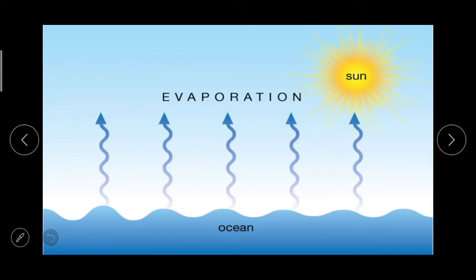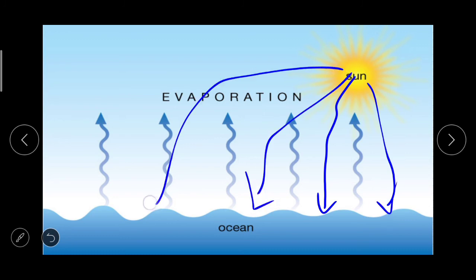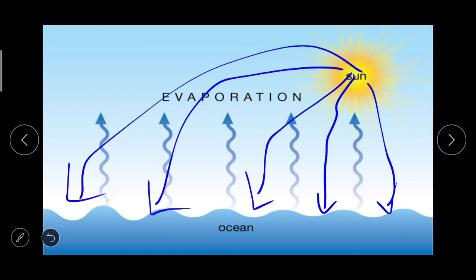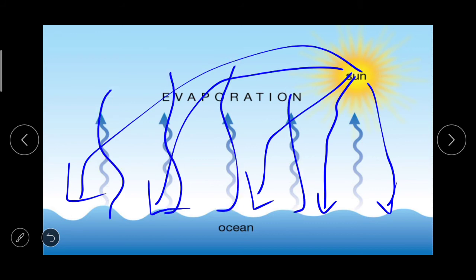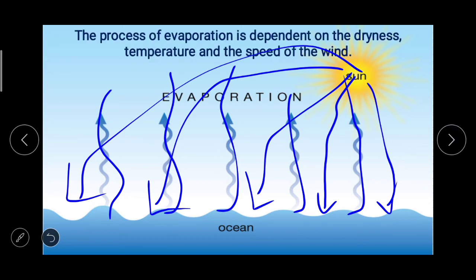Here you can easily understand: the sun's heat, and because of that water is converting into vapors. That is evaporation, which is dependent on the dryness, temperature and the speed of the wind.